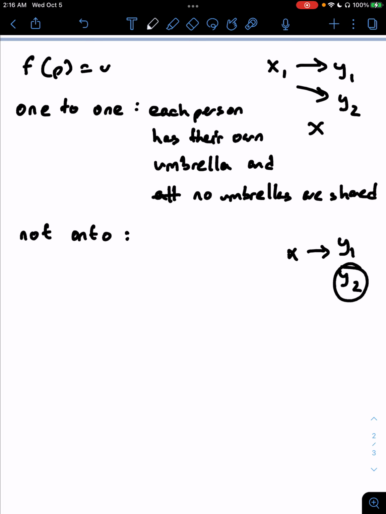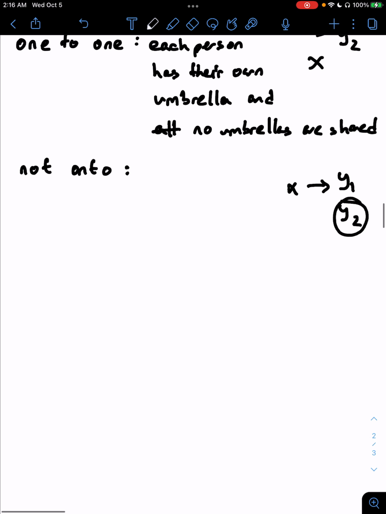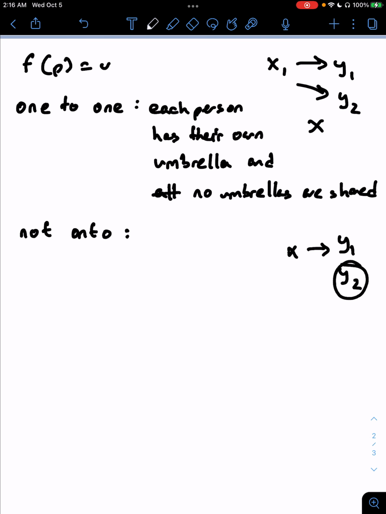So if it's not onto, again, the y's mean umbrellas, and the x's are the people, right?